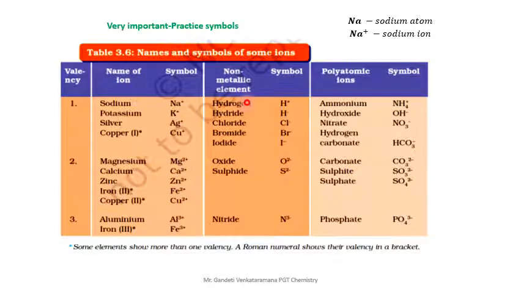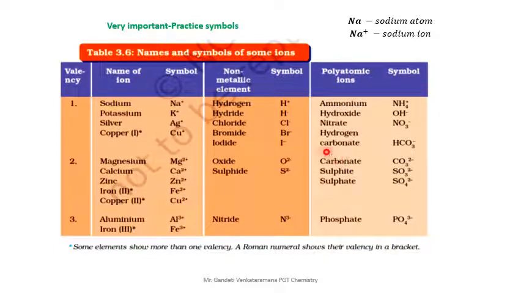Here non-metallic elements, gases: hydrogen H plus, hydride H minus, chloride Cl minus, bromide Br minus, iodide I minus, oxide O 2 minus, sulfide S 2 minus, nitride N 3 minus. Now polyatomic ions.